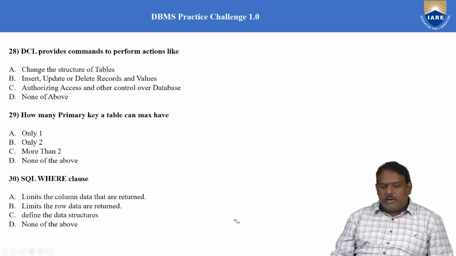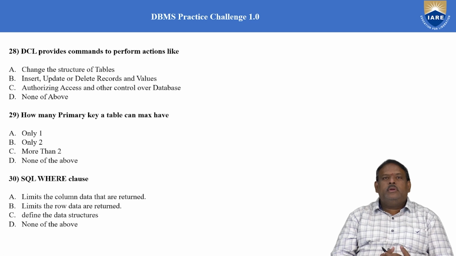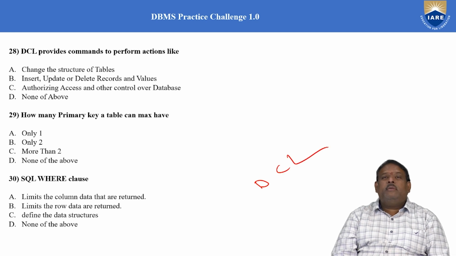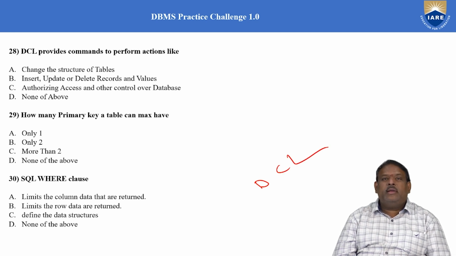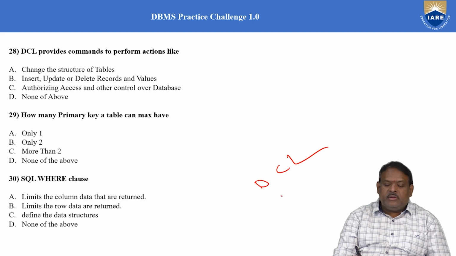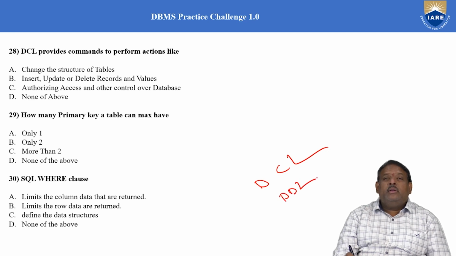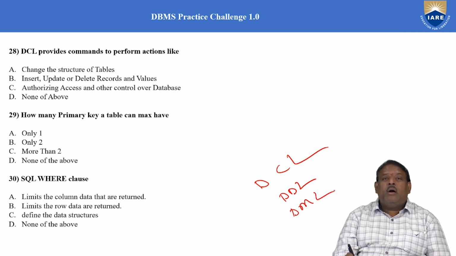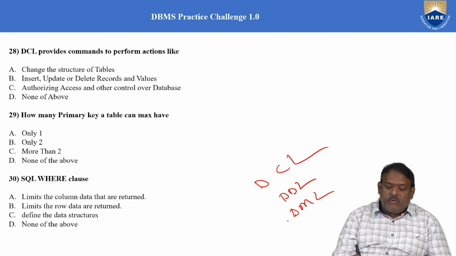Okay. Last slide. Here we have 3 questions. What is DCL? Data Control Language. Changing structure is done by DDL. Insert, update or delete is done by DML. Authorizing access and other control of the database is part of DCL.